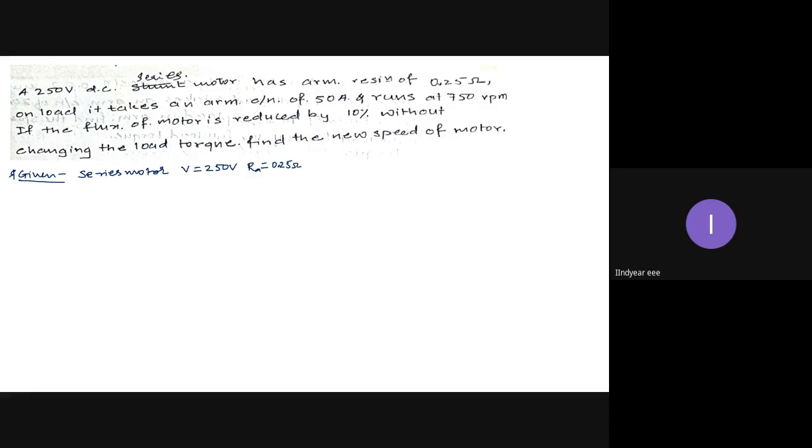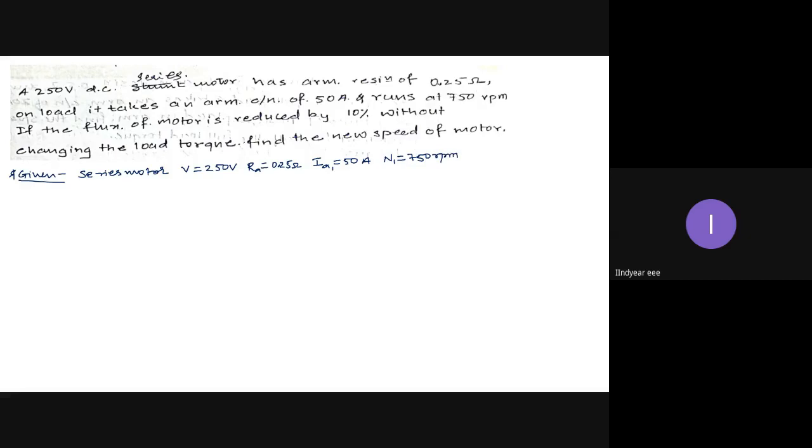On load, it takes an armature current of 50 amperes. Let this IA1 be 50 amperes, because there are two conditions and there is a change in speed. Therefore, let me take the first given value as IA1, and speed N1 to be 750 RPM.